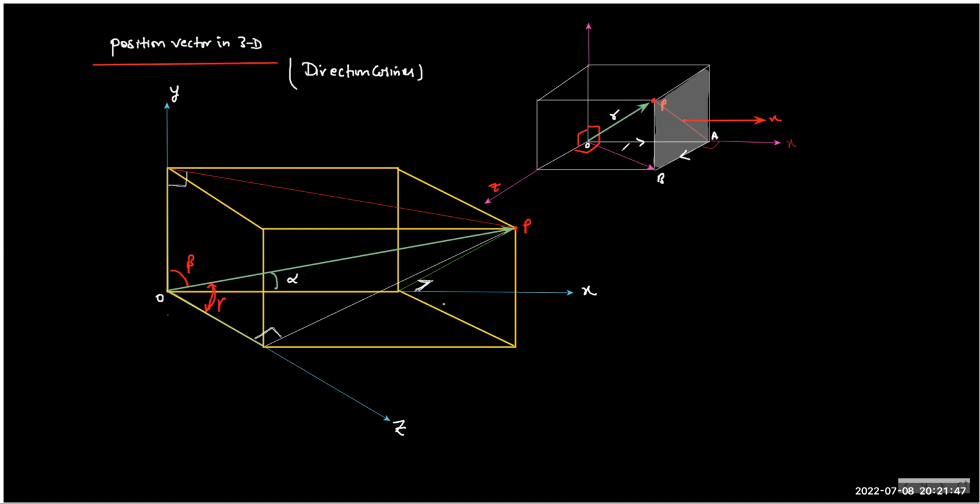What is the OB vector representing? Can you guess? From the bottom triangle, using triangle OAB, can we say the OB vector is OA plus AB? And you can clearly see OA is x i cap and AB is z k cap. Do you realize this?